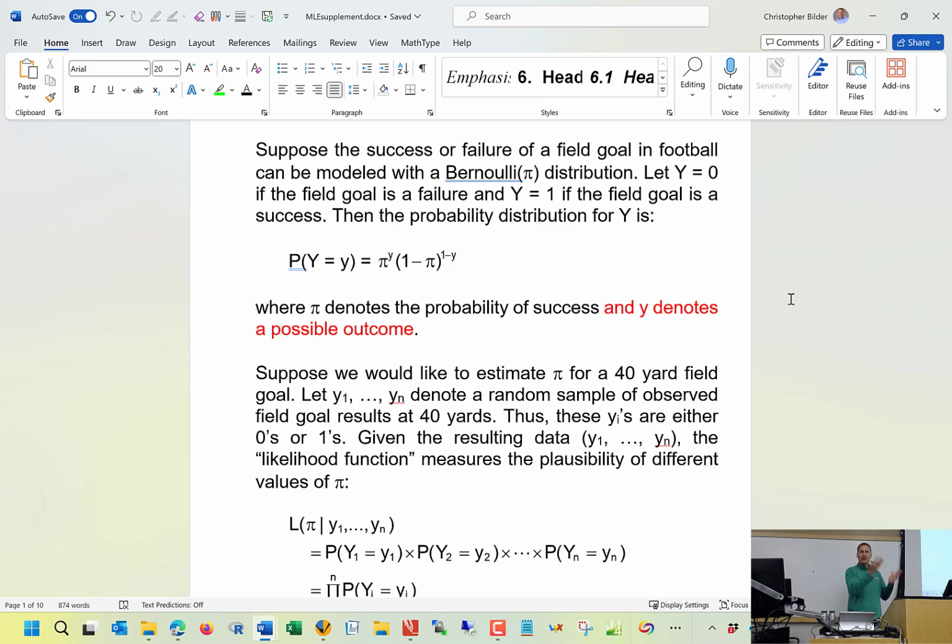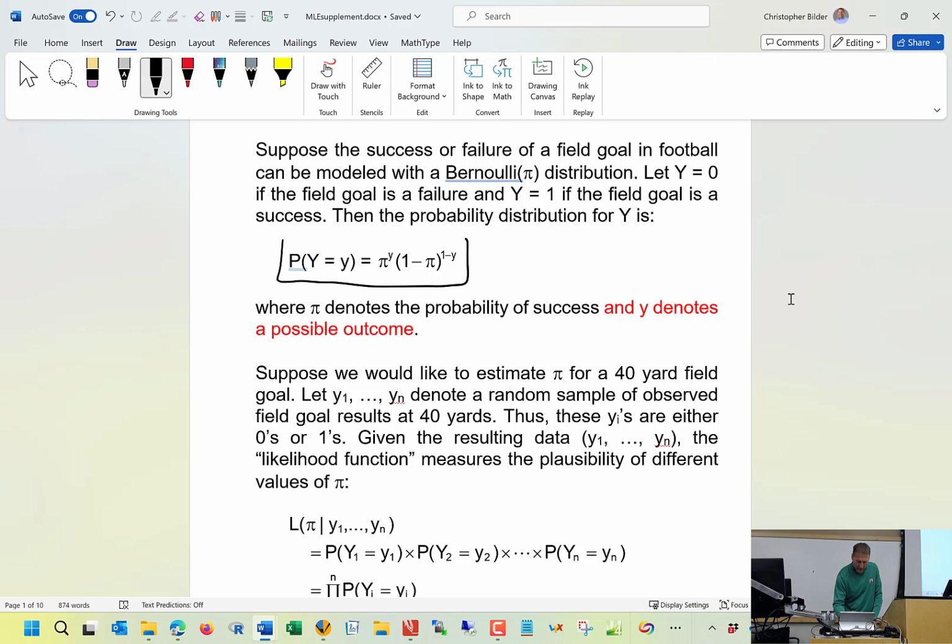So like a success for a field goal, failure for a field goal. And this is one way to write out this probability distribution, which should at least have some similarities to what you've seen before. Let's say my random variable Y represents the success or failure of a field goal, where y equals 0 for a failure, y equals 1 for a success.